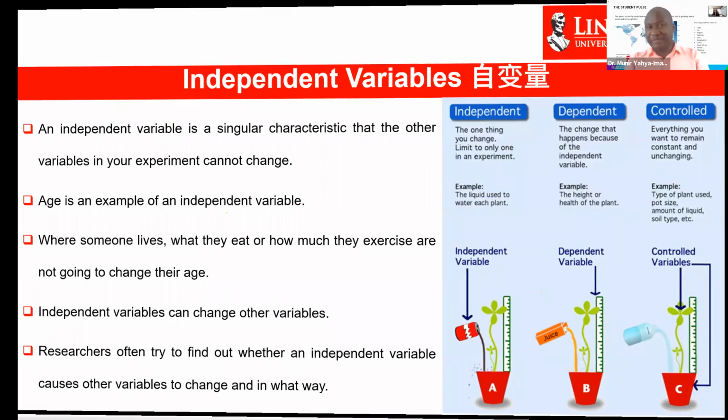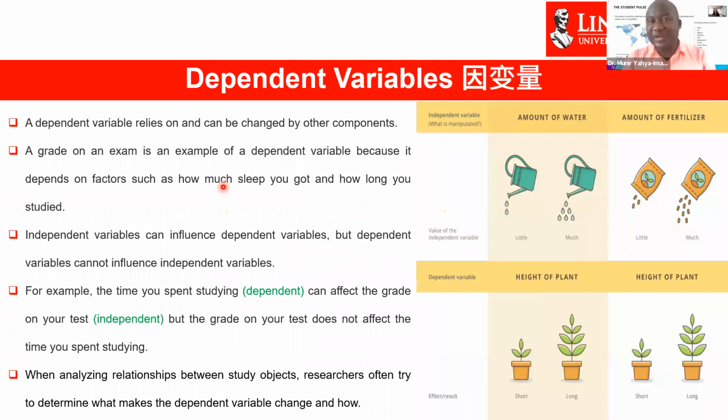Now, for dependent variables, a dependent variable relies on and can be changed by other components. The grade of an exam is an example of a dependent variable because it depends on factors such as how much sleep you got and how long you studied. Independent variables can influence dependent variables, but a dependent variable cannot influence an independent variable.